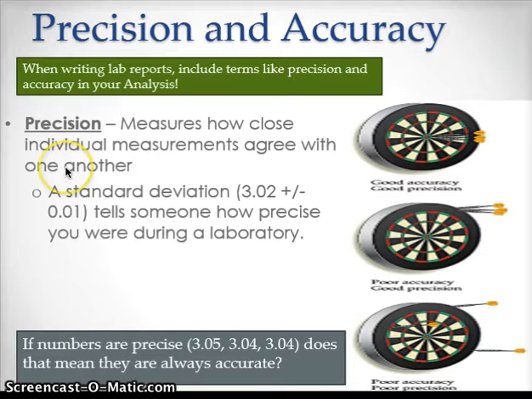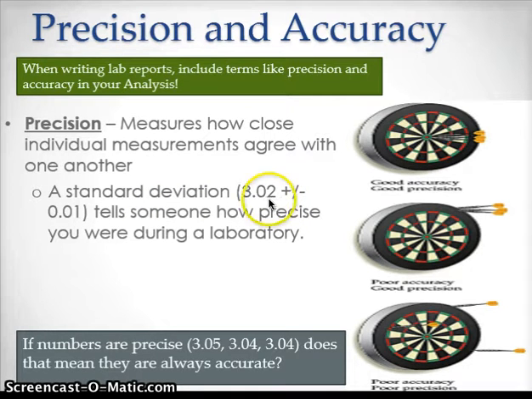Now, look down here. Let's go back to this. Precision measures how close the individual numbers agree with one another. Sometimes, right next to the values, you have something called the standard deviation. It gives you a margin of error.